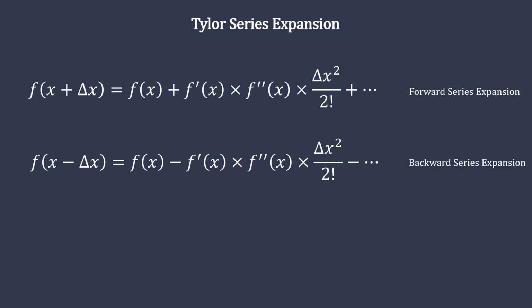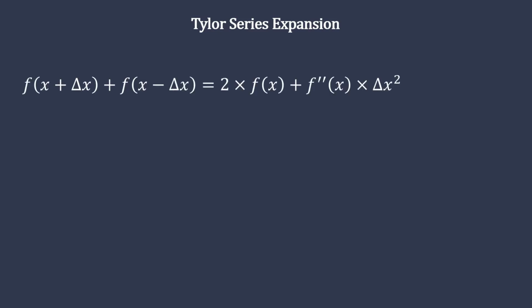Note that delta x is a fraction and a very small value. Delta x square and delta x cube are even smaller and hence terms associated with them can also be ignored. Adding the equations and truncating after the second derivative terms we get f of x plus delta x plus f of x minus delta x is equal to 2 into f of x plus f double dash of x into delta x square.